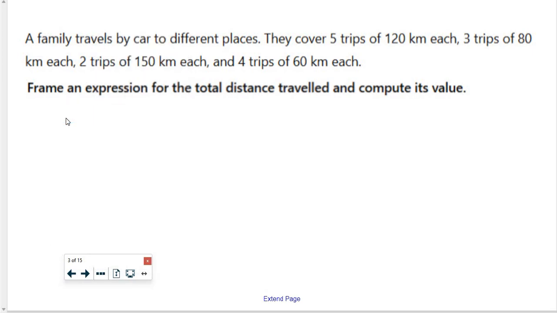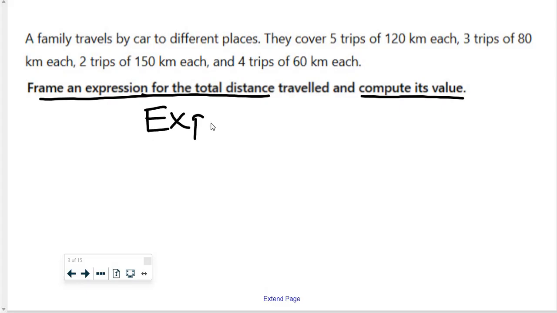All right. So there are 2 questions here. The first question is to frame an expression for the total distance, and the second question is to compute the value of the expression. Now, what you are going to do is to form an expression for each trip. The first trip is 5 trips of 120.